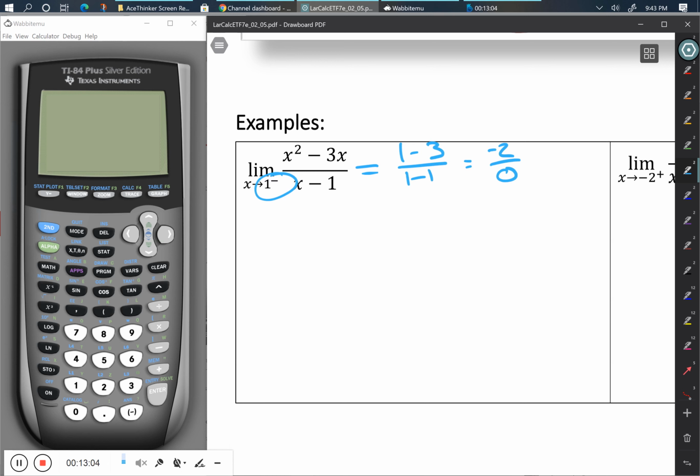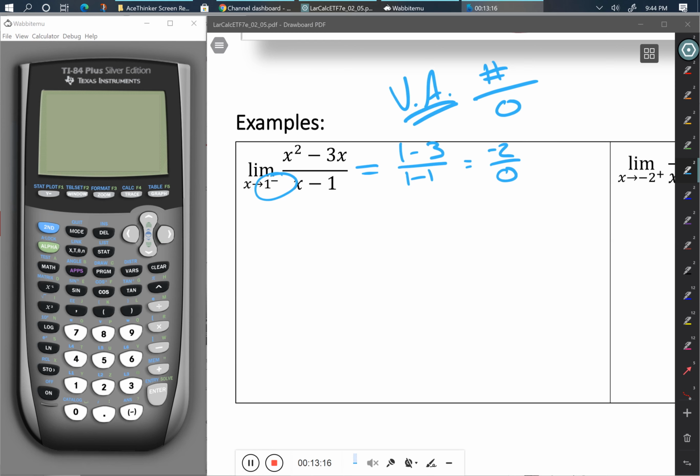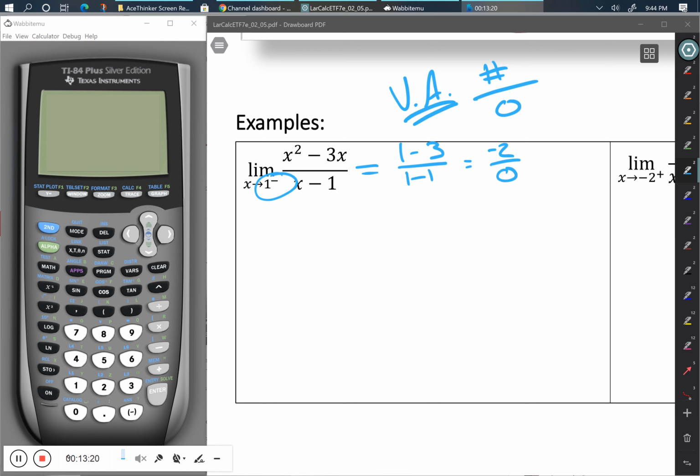I know that when I see this showing up in direct substitution, I'm looking at a vertical asymptote. But what I'm not certain of is, does that mean this graph is going up or going down?